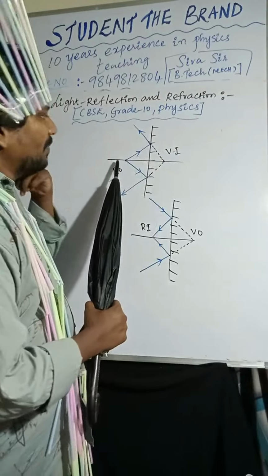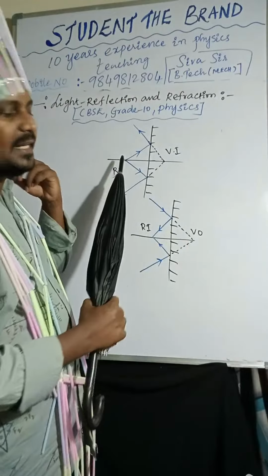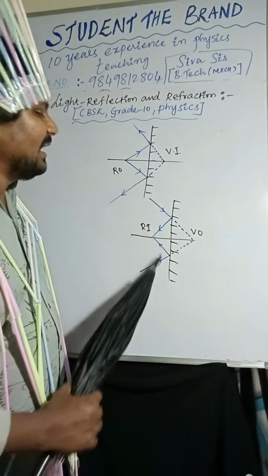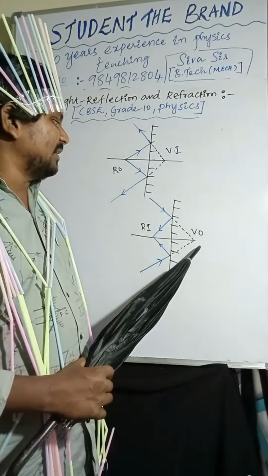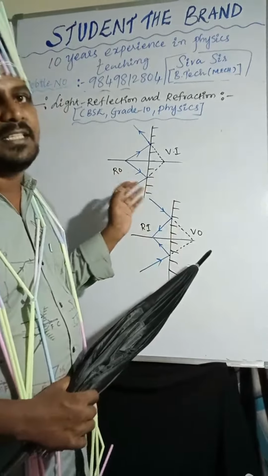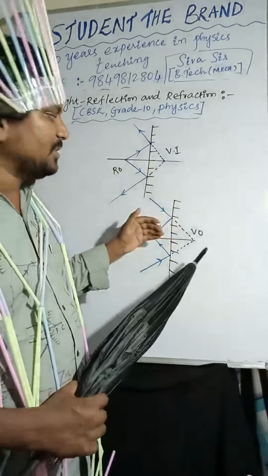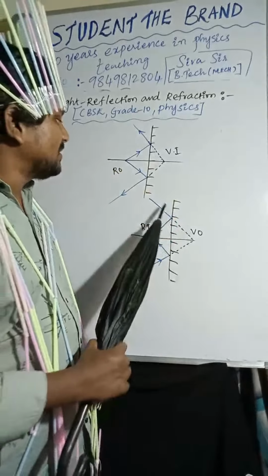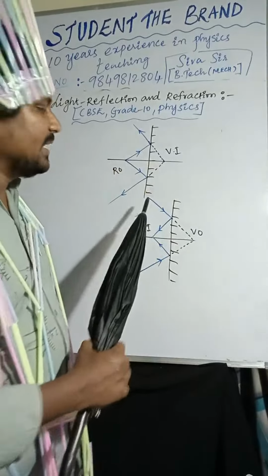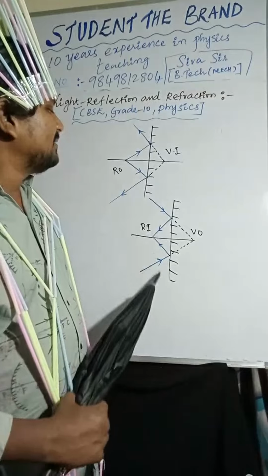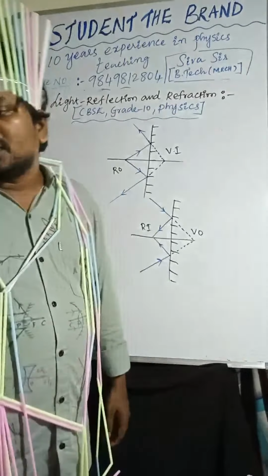For a virtual object, the light rays come from the object and we extend the incident light rays. The point of intersection of extended incident light rays is called a virtual object.